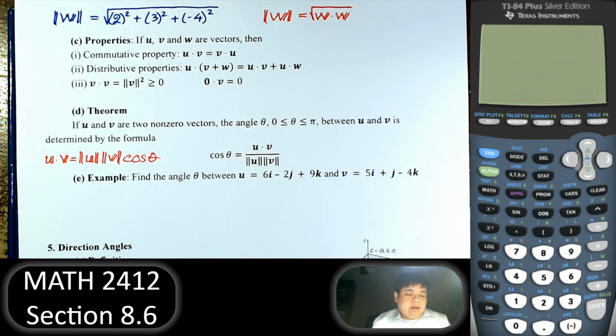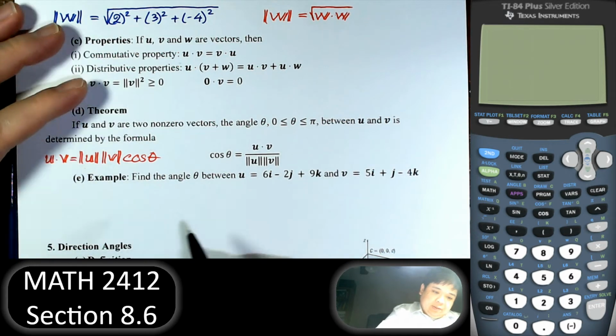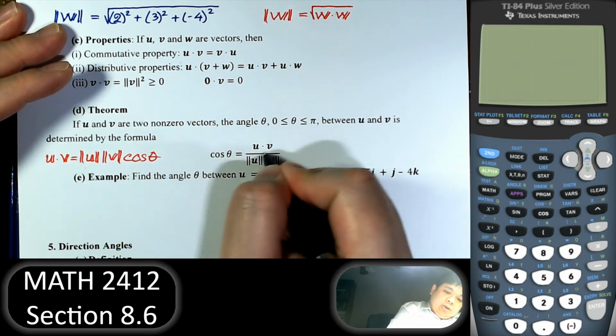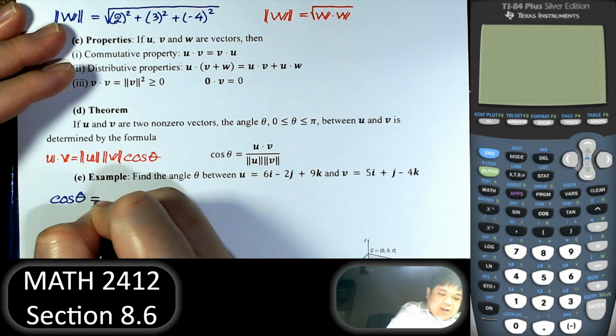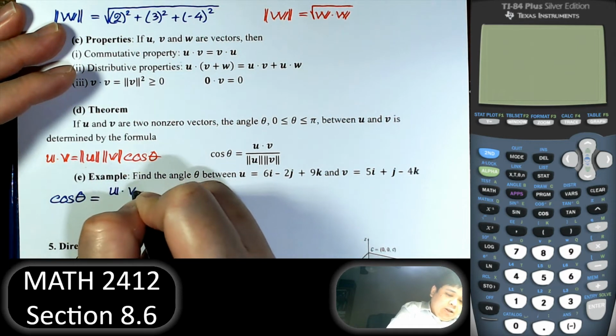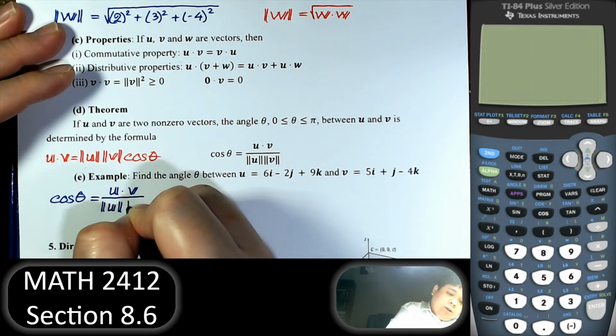So simple enough. Now let's find the angle between u and v. I will use this formula: cosine of the angle between two vectors is u dot v over the product of the magnitudes of u and v.